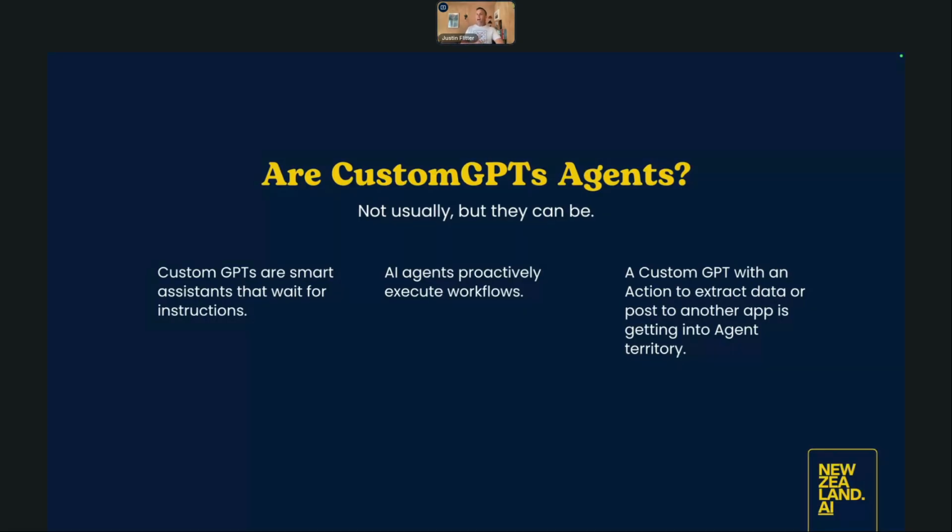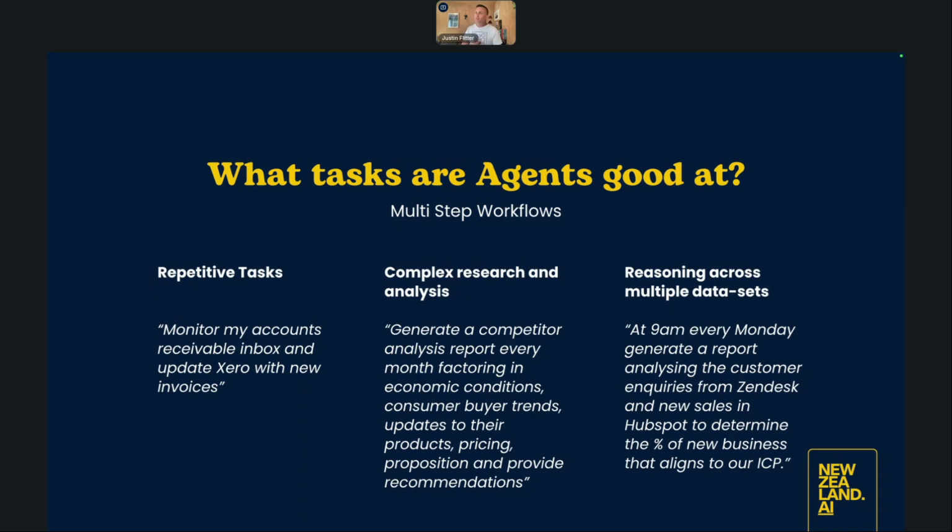So what tasks are agents really good at? Well, they're really good at multi-step stuff, right? Tasks or processes that are repetitive, things you have to do every day. Things like monitor my accounts receivable inbox and update Xero with the new invoices. So it's got to monitor your email account, and identify an email that contains an invoice.